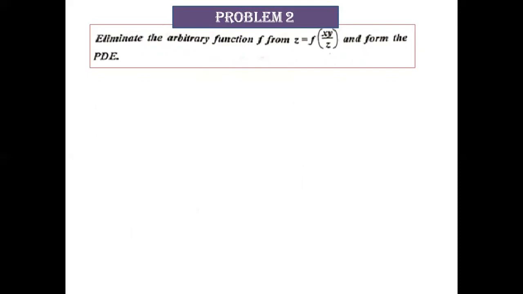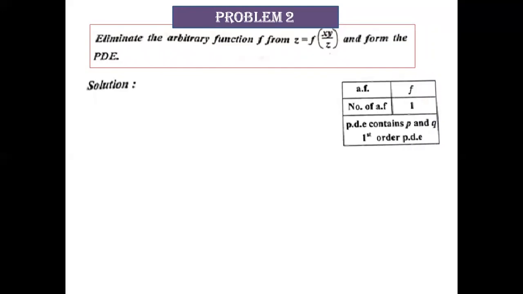Eliminate the arbitrary function f from z equal to f of (xy by z) and form the PDE. First I will write our arbitrary functions. The number of arbitrary functions is 1, so this is called our first order PDE.